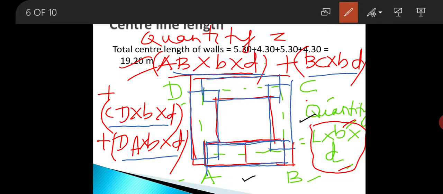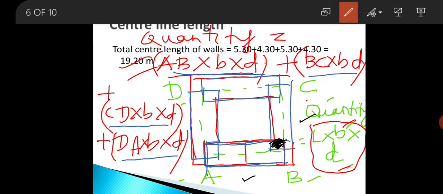Which one? This black shaded portion. This portion is common to both AB and BC. That means while calculating the total quantity, we have taken this portion in AB and again we have considered this portion in BC. That means this black shaded portion is coming twice.